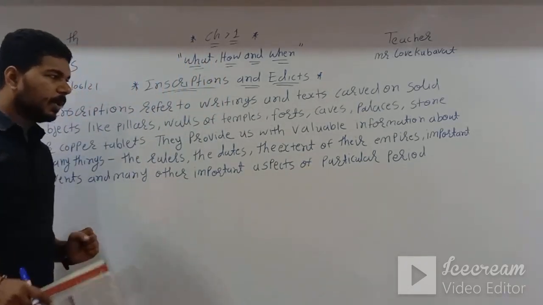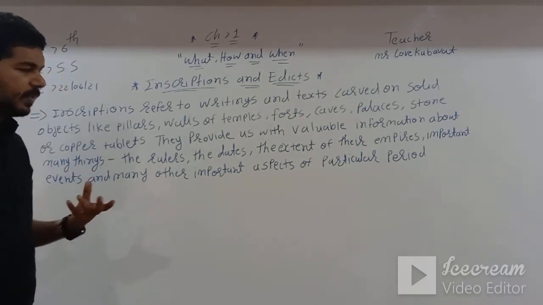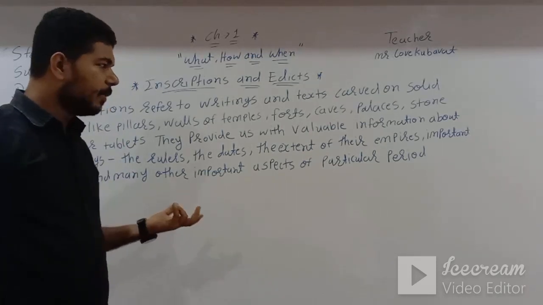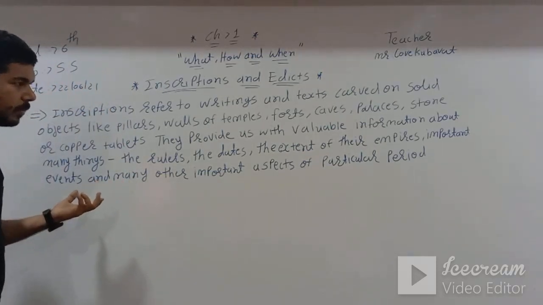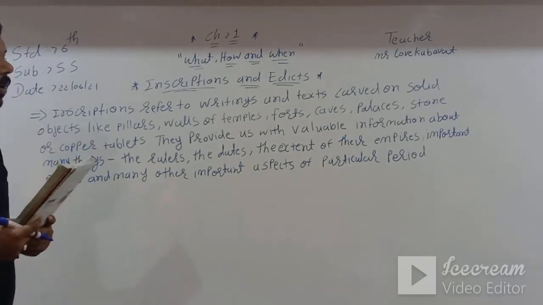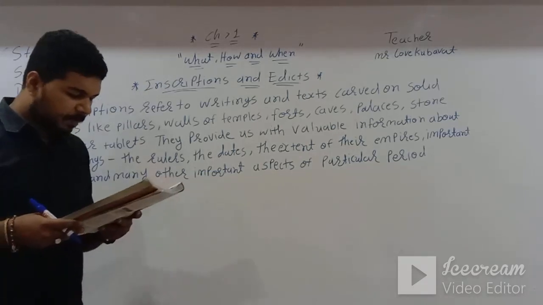Here, for example, Brahmkut is a historical place, with events, dates, particular empires, important events, and many other important aspects of a particular period. Like this. Now, moving further.